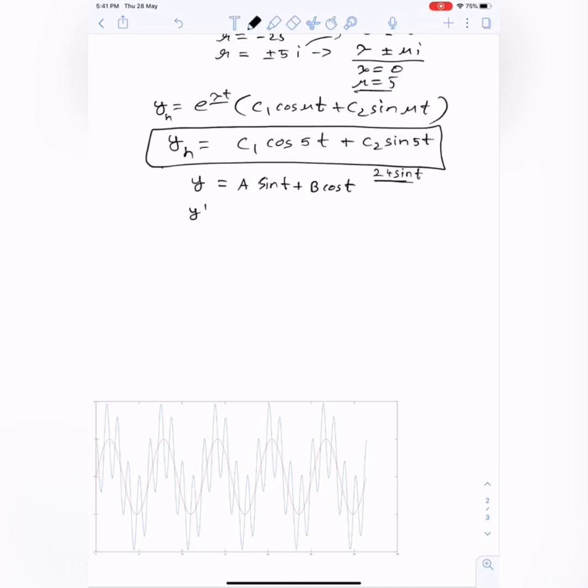Our y dash would be a cos t minus b sin t. Our y double dash would be minus a sin t minus b cos t.